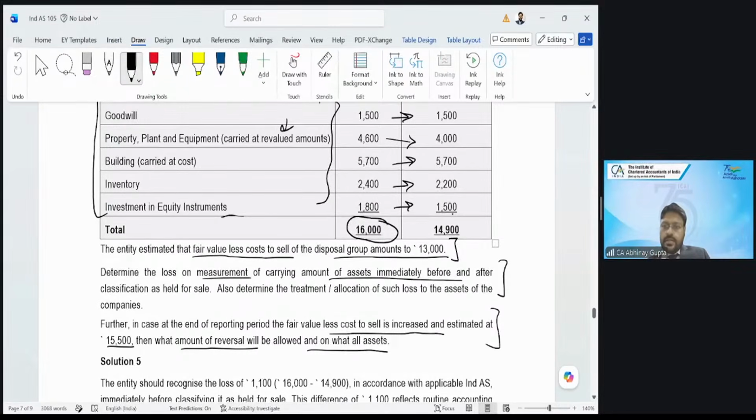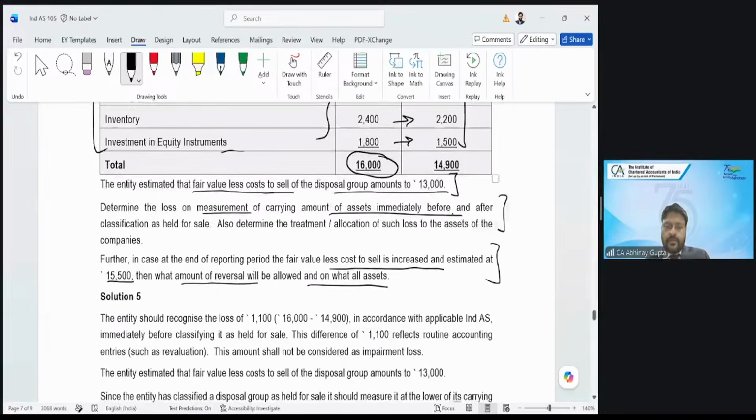So these are the revised carrying amount. So 1490, right? So the loss is 1100. So first of all, we would be recognizing this 1100 loss, right, in accordance with the applicable Ind AS immediately before classifying as held for sale. What is the applicable Ind AS here?